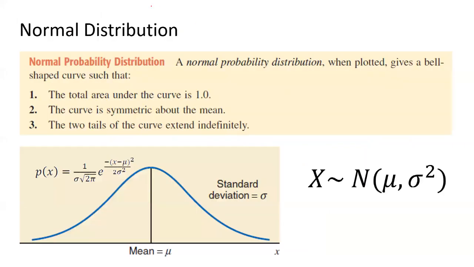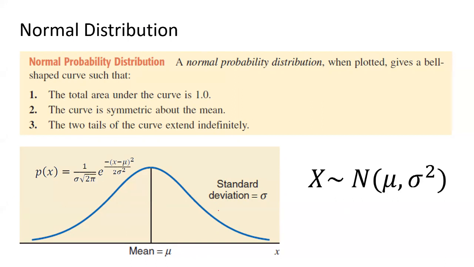Okay, so next, for the properties of normal distribution, you need to remember all the properties that normal distributions have. First of all, you need to know that the probability density function of the normal distribution has a form similar to this.